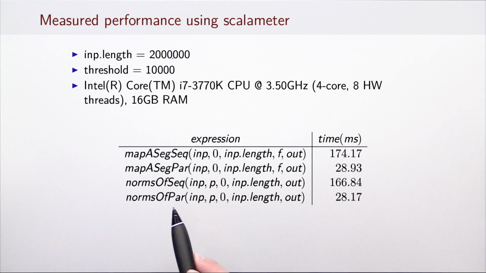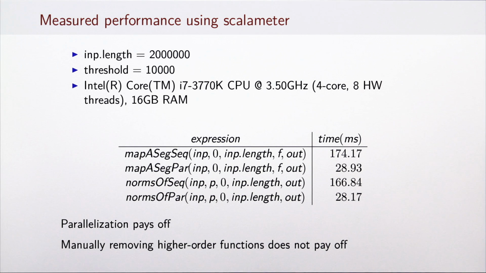And if we do parallelization by hand, we also obtain only negligible improvement compared to invoking the generic parallel operation. So we could conclude that parallelization pays off, but that manually removing higher order functions does not really pay off, given the effort and loss of maintainability and the hardly measurable improvements in running time.